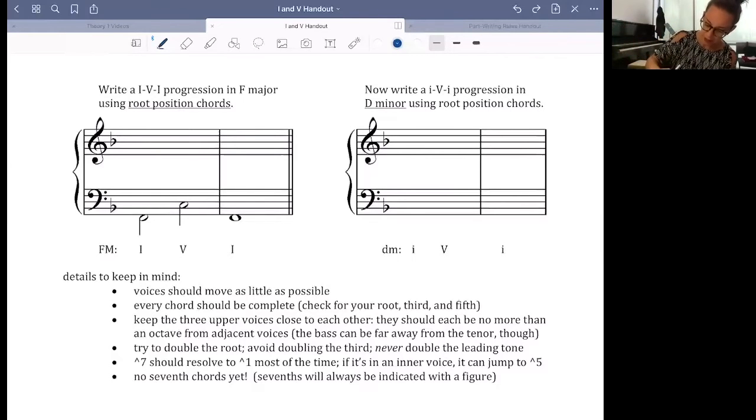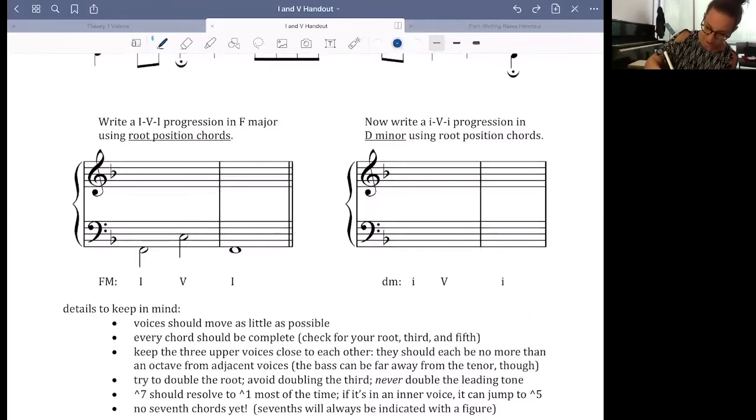So if we're talking about a 1 chord in any key, if we're talking about scale degrees, our 1 chord is going to have a 1, a 3, and a 5.